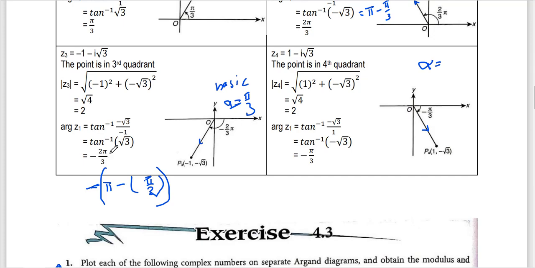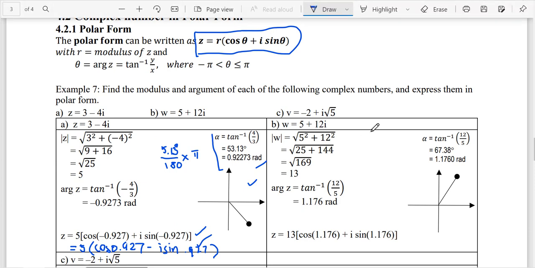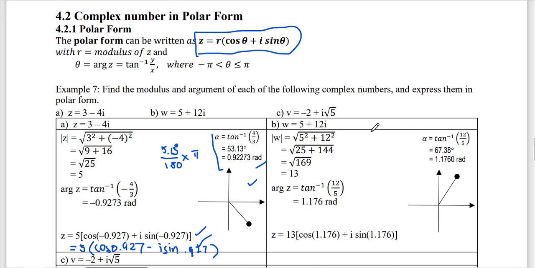You will straight away get the decimal places. The calculator has one function, you can change to radian straight away, correct? Never mind. It's better you change to degrees, then you just divide by 180, then if there is a decimal place, you straight away times the pi, you get this.